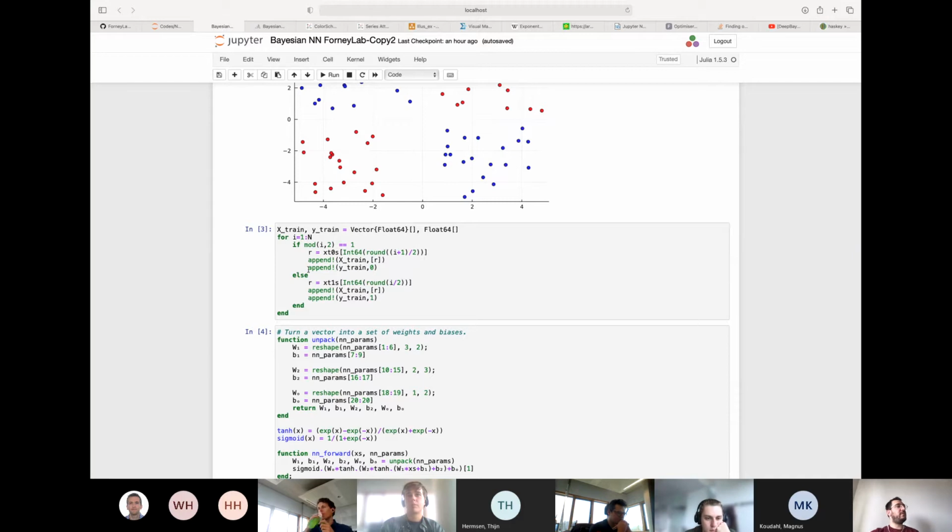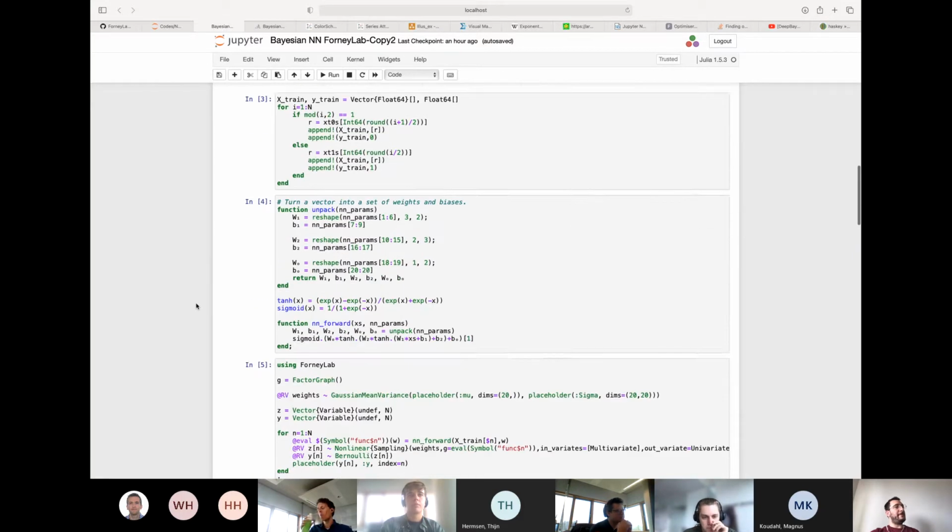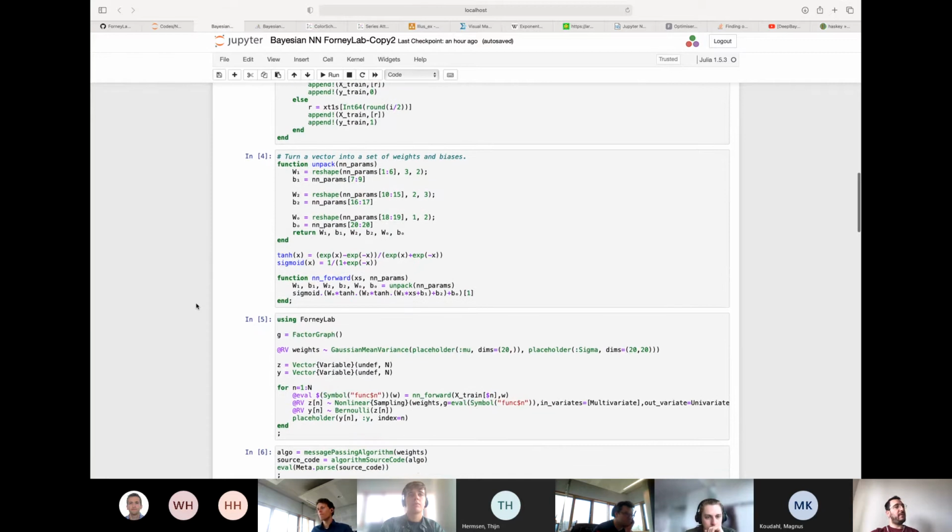Okay, so we are going to build our factor graph with ForneyLab, and basically we have the weights, as I told you, and we put a Gaussian prior on the weights here, and for the mean and the covariance of this prior, we put placeholders. The reason is that at each epoch we are going to update this mean.